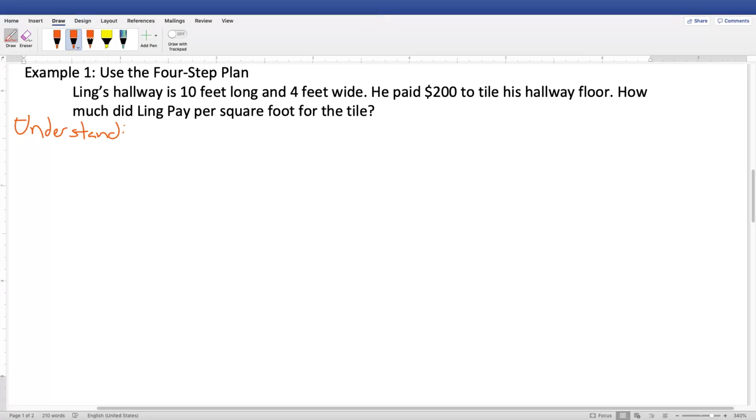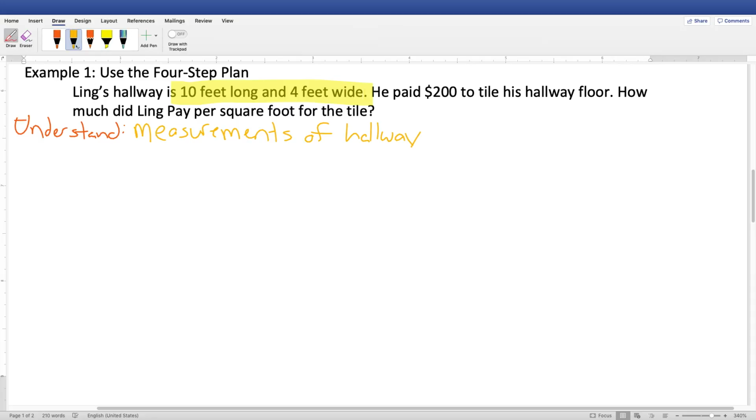You don't remember? All right, I said identify the information that's given. So tell me some information that's given. It's 10 feet long, 4 feet wide. Okay, so we know the measurements of the hallway: 10 feet long and 4 feet wide.